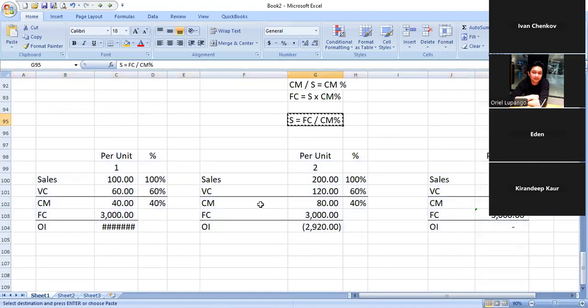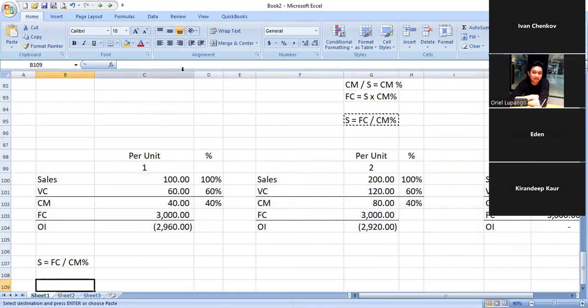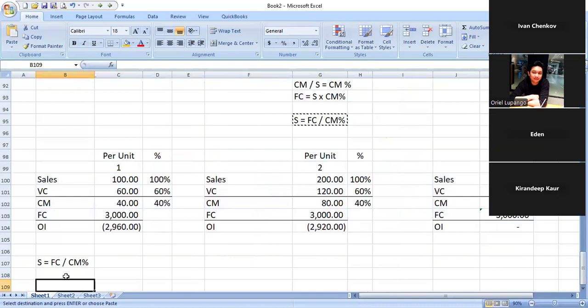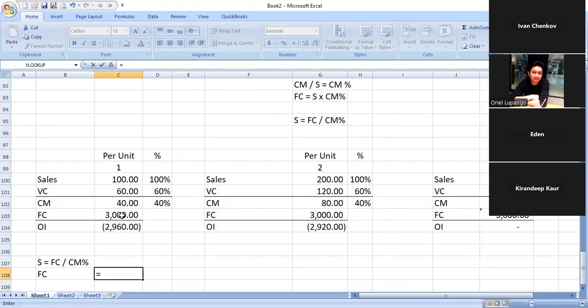Again, our formula is sales equal to the fixed cost divided by contribution margin ratio. The question is, do I know my fixed cost? 3,000. Do I know my contribution margin ratio? 40%.